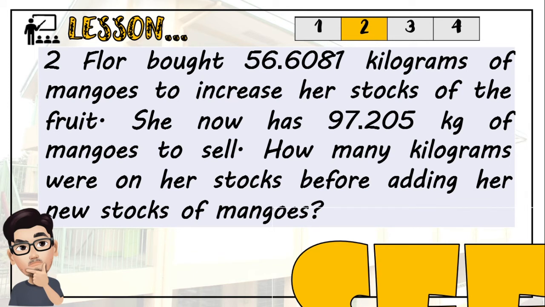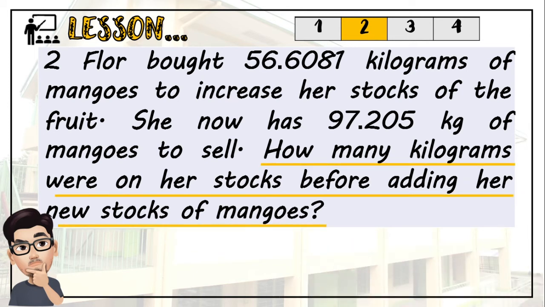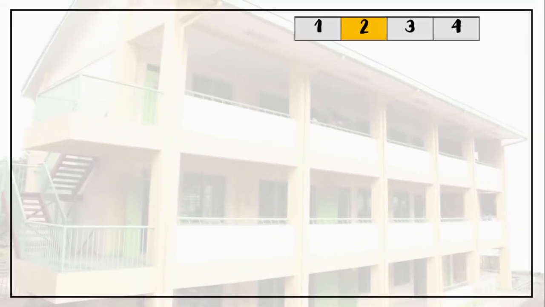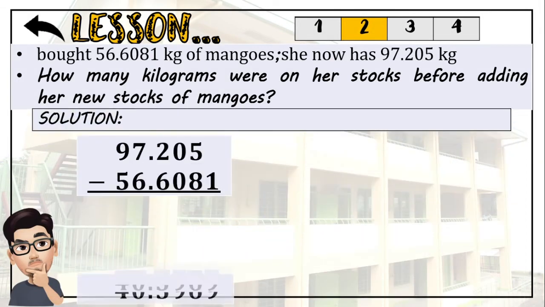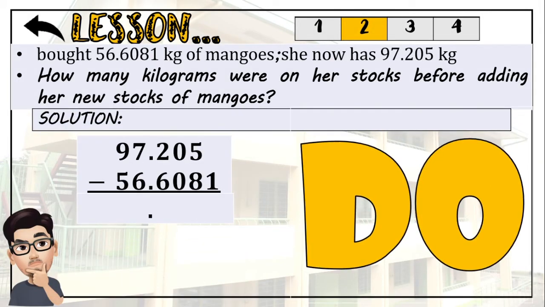Sabi dito, how many kilograms yung kanyang stock bago siya nagdagdag nung binili niya. And if she has bought 56 and 6,081 kilograms, tapos ngayon meron na siyang 97 and 205 kilograms, we will have to subtract them. Okay, let's now do it.